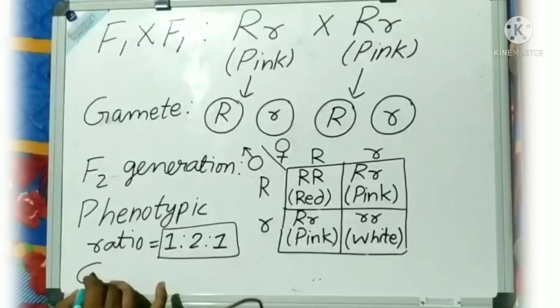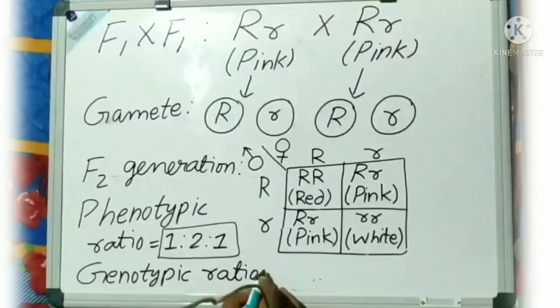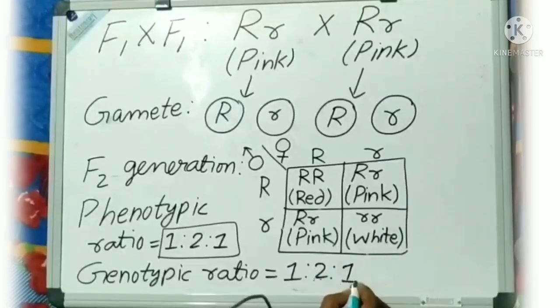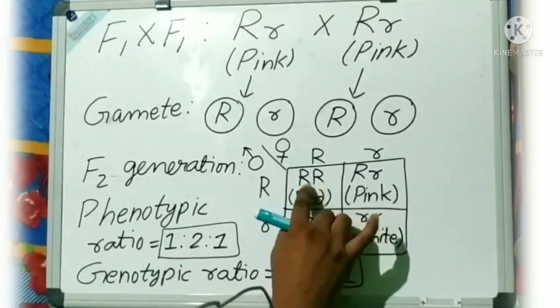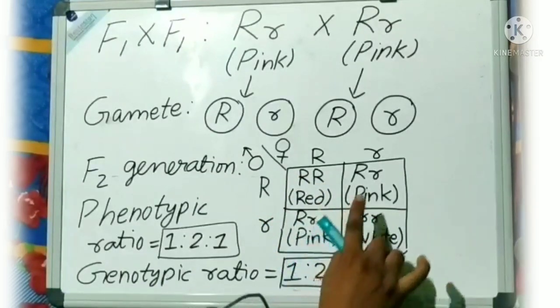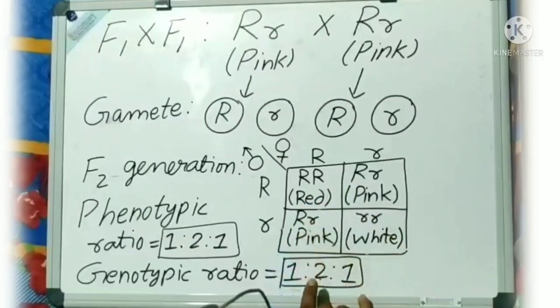And what is the genotypic ratio in case of incomplete dominance? Let's see. The genotypic ratio will be 1:2:1. Why? Because here we find the genotype capital R, capital R only once. Capital R, small r, this genotype comes twice.